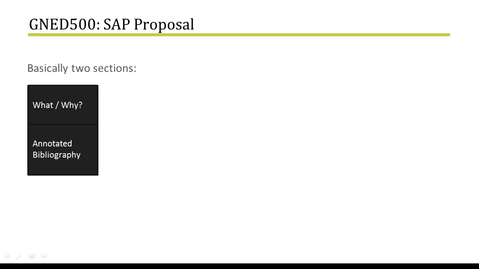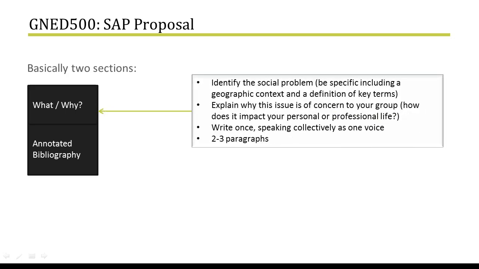First of all, in the what and why section, some might think of it as an intro, but the function of what you're communicating there is what and why your group has selected the social problem that you have. More specifically, you want to identify the social problem. Remember, ultimately it has to be an example of some sort of social injustice that we're going to later examine.